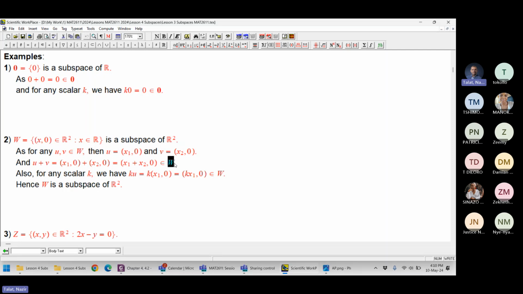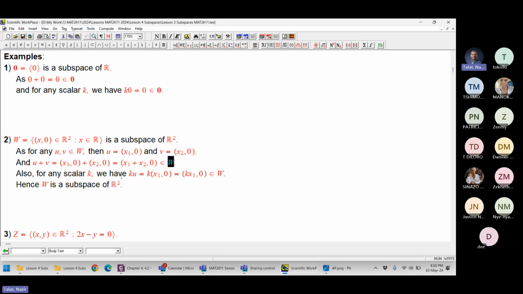Moreover, if we take any scalar k, let us multiply k with U. Whatever the value of k, zero, positive or negative, k times the vector U is equal to (k x1, k times 0). k times 0 is 0.